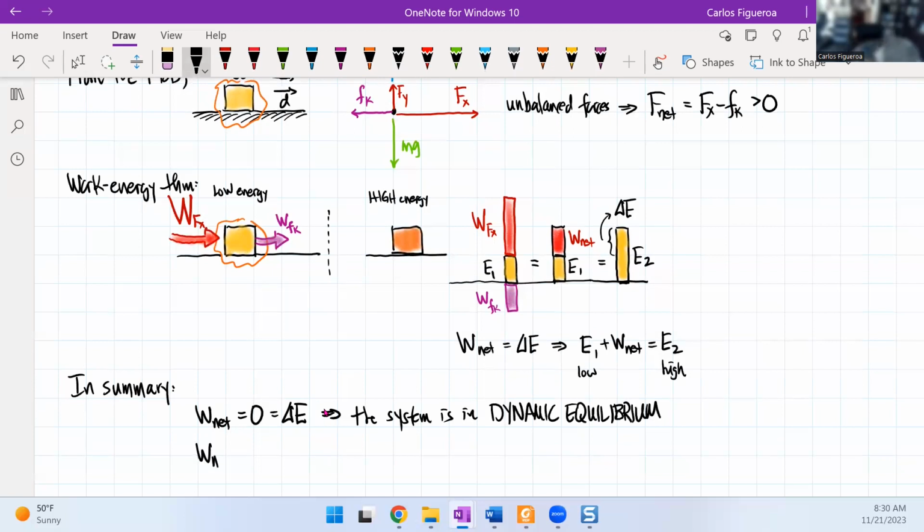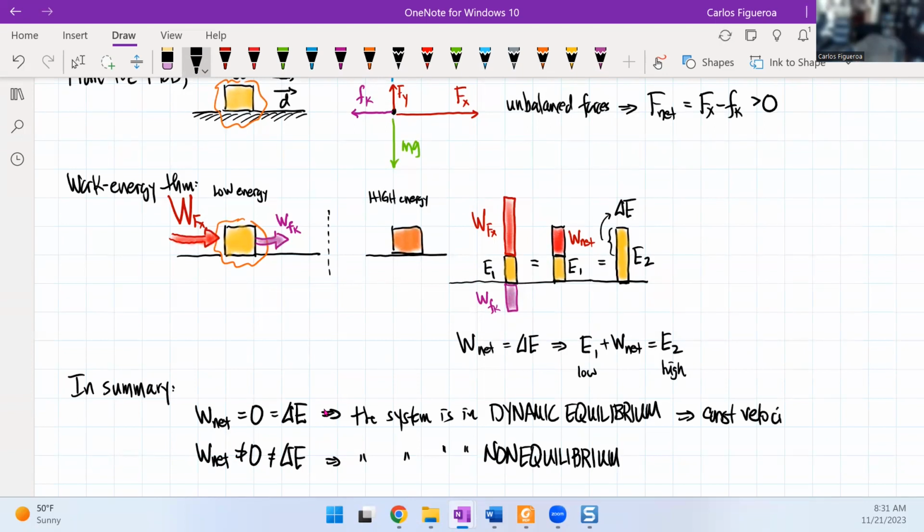However, if the net work is not equal to 0, and therefore the change in energy, then the system is in non-equilibrium. In other words, this tells us about constant velocity, and this tells us about acceleration.